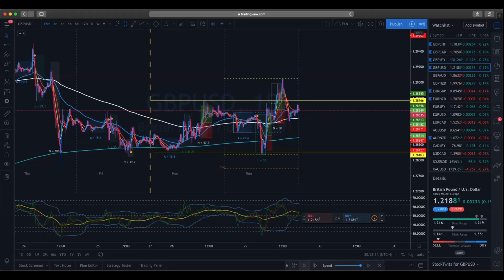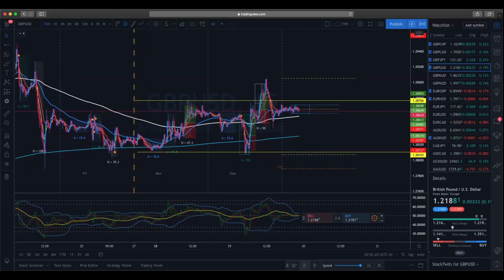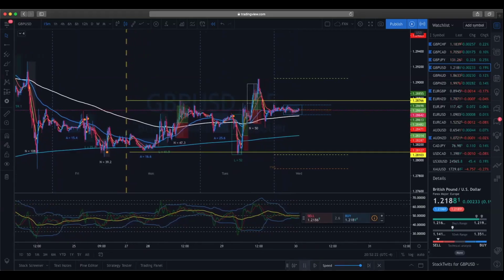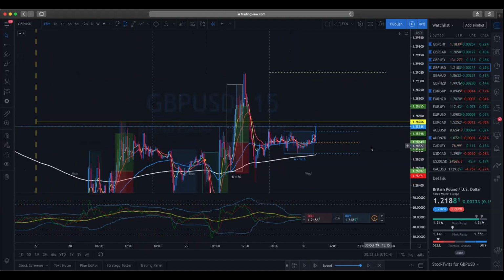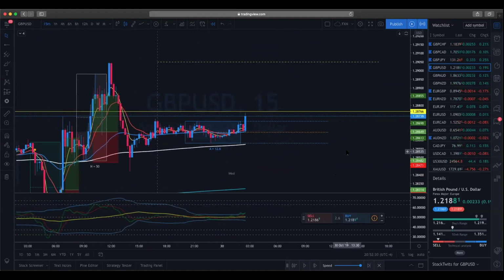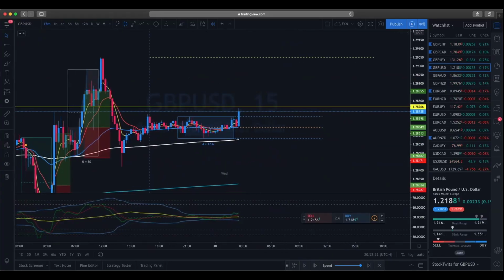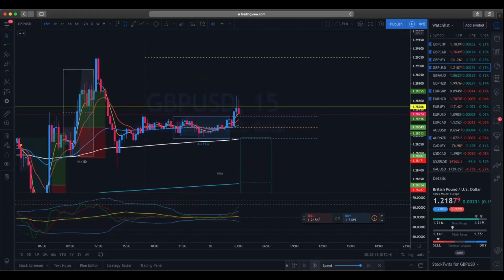Well, let's see what happens on Wednesday, because I think what happens on Wednesday could help us determine whether or not we're going to keep this structure for the week. So here is Wednesday, and it's only a 12 pip range. It's a super small range anyways.